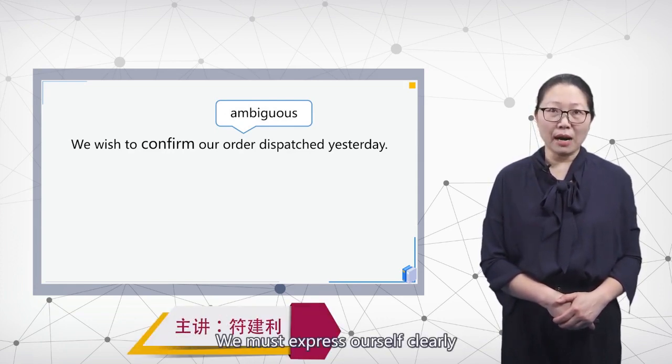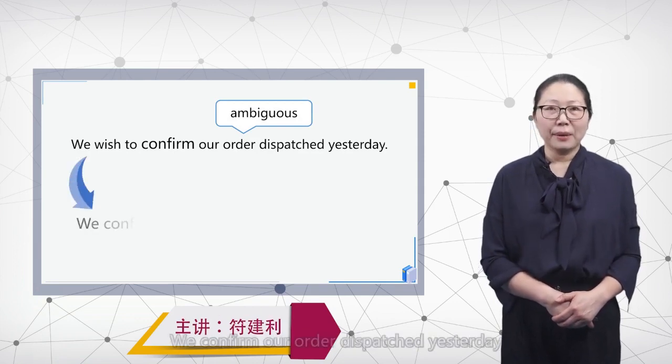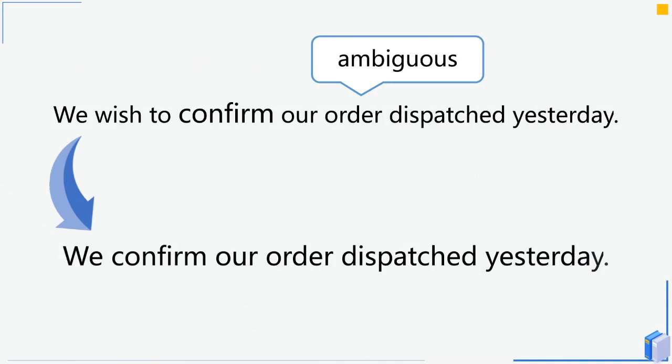We must express ourselves clearly, so we should say, "We confirm our order dispatched yesterday." Therefore, when we are sure about what we want to say, we should say it in plain, simple, clear words.